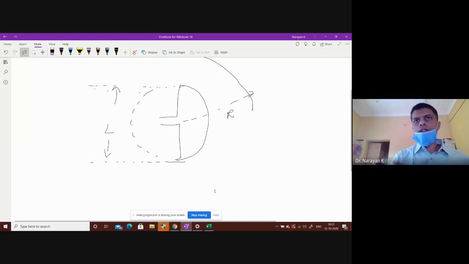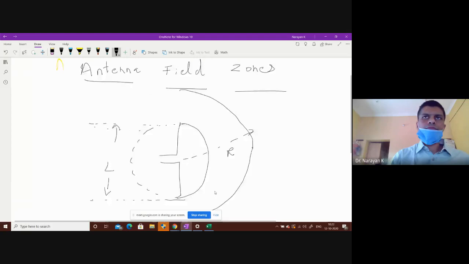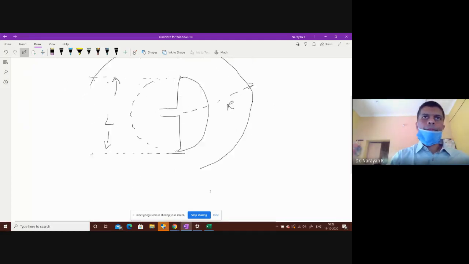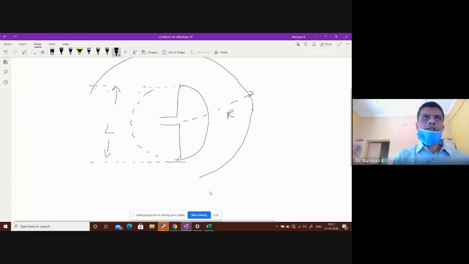Please draw a larger circle around this antenna region. I'm not exactly able to draw a circle, so this is more or less a circle.